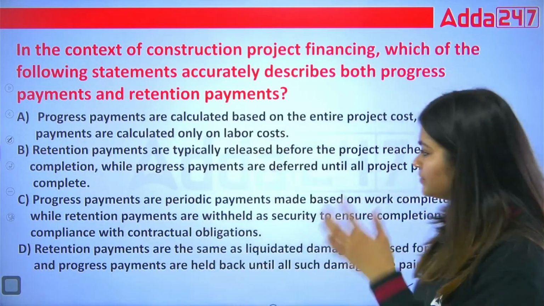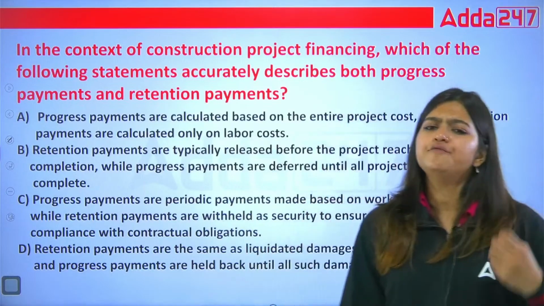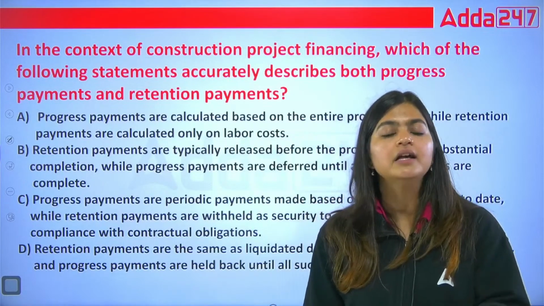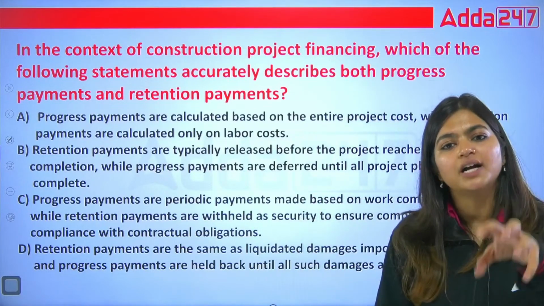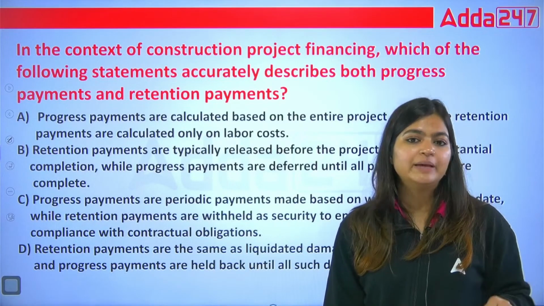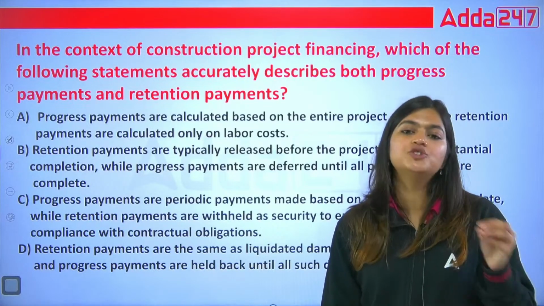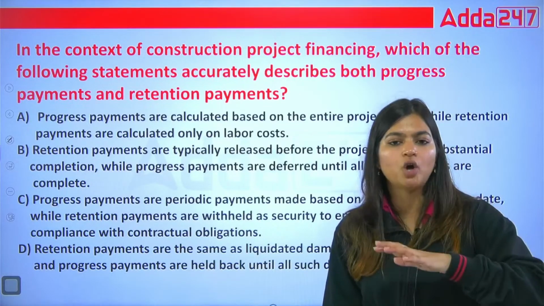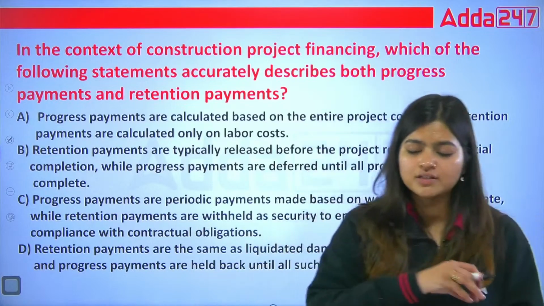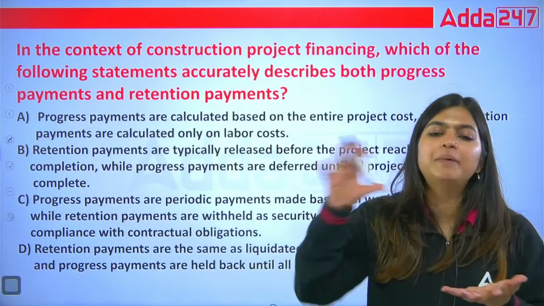Okay, chalo. Back to the question. So this is all about your progress payments. Then what are retention payments? See, retention payments are a type of payment which customers withhold with themselves. They are not distributing the full installment amount to the contractors. They are giving just a portion to the contractors. They are not giving the full payment.